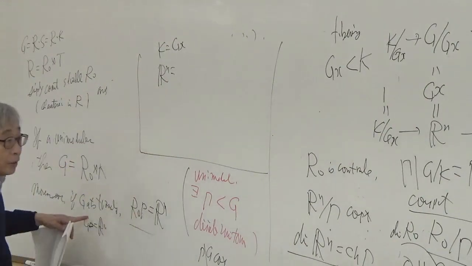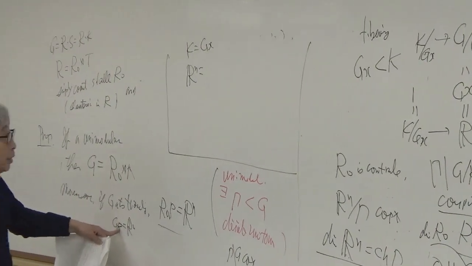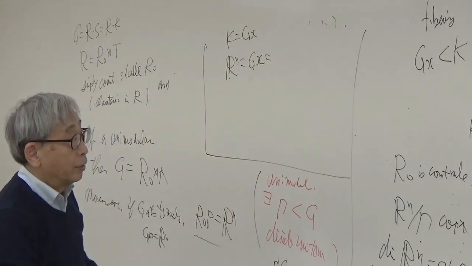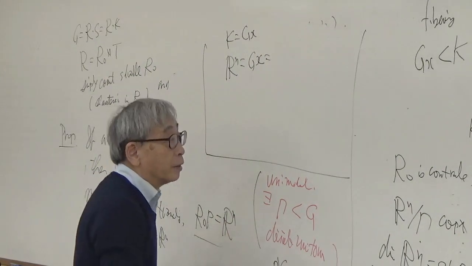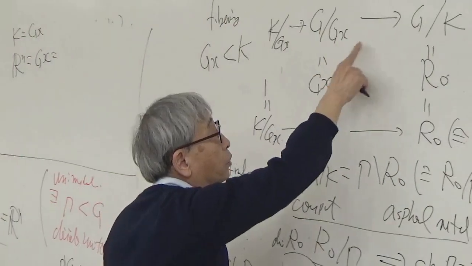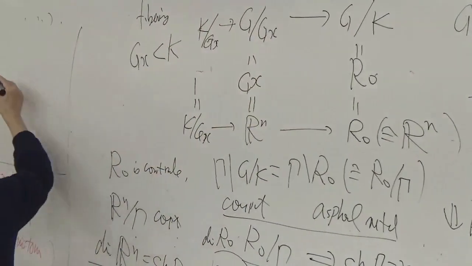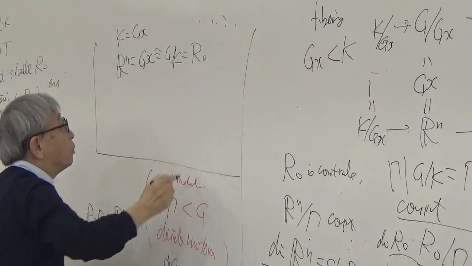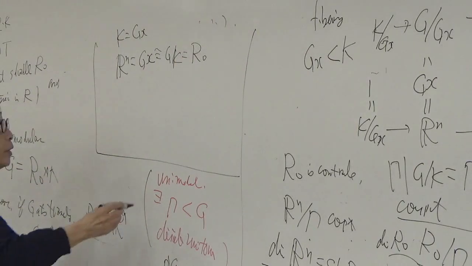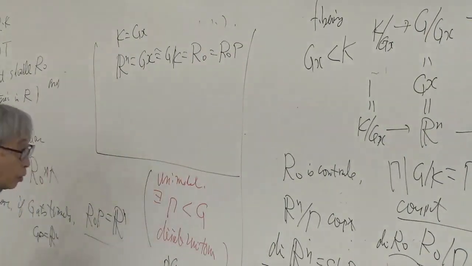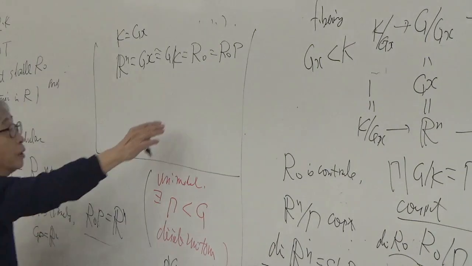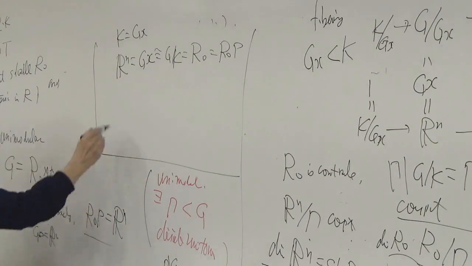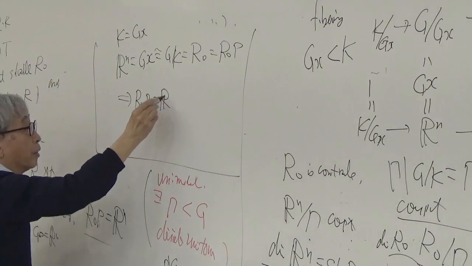R^n, by transitivity, is equal to G over G_x, and we have shown that G_x is trivial. It is equal to K. So the orbit map is bijective, and by cohomological dimension, this implies R^n is of dimension n.